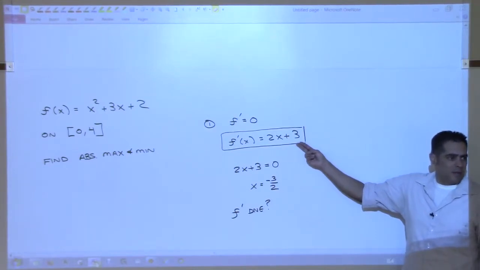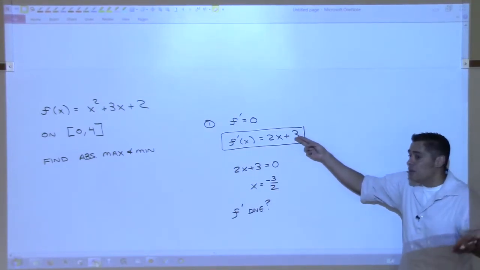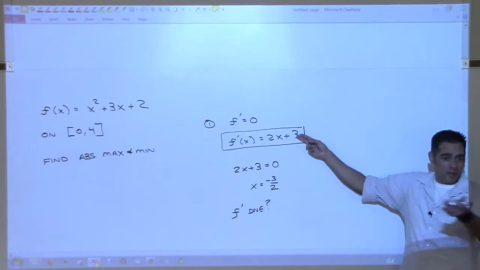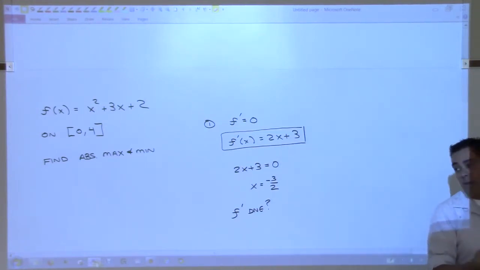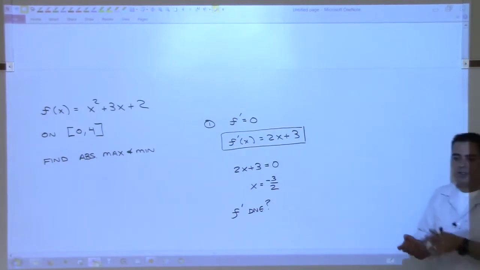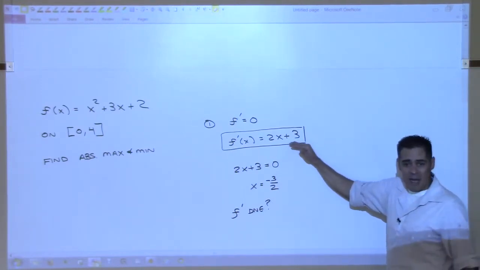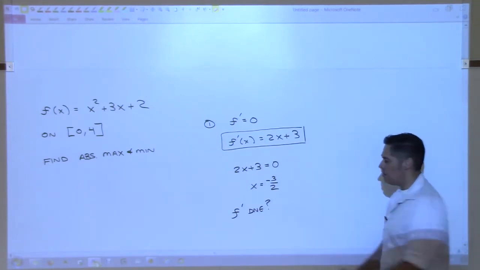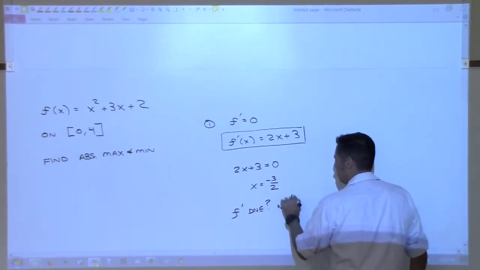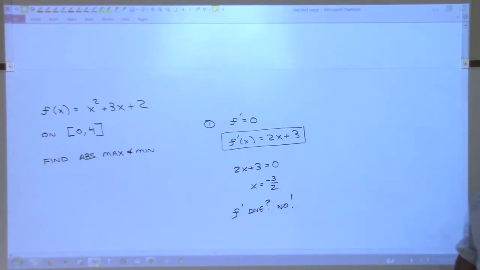That exists everywhere. This right here itself is continuous. There's no problems with this function. If we plug a number in here, we're never going to get division by 0. We're never going to get square roots of negative numbers. This is a well-behaved function. Therefore, this never happens. So, no problems there.